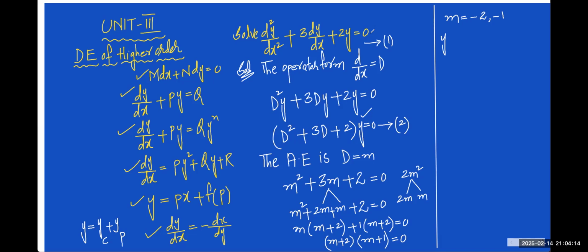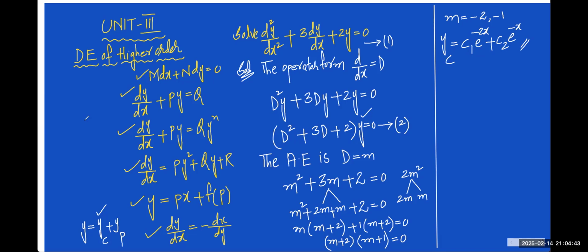Right now in our problem we don't have any right hand side value, so Yp is 0. So let me find Yc, the complementary function. The two roots are different, so Yc is equal to c1 e to the power of minus 2x, the first root, plus c2 e to the power of minus x, the second root. That's it, that is the solution of this higher order differential equation.